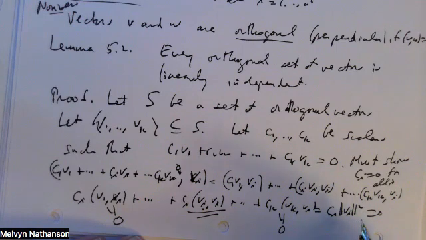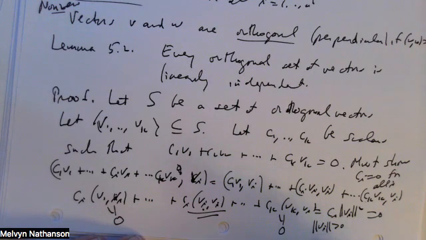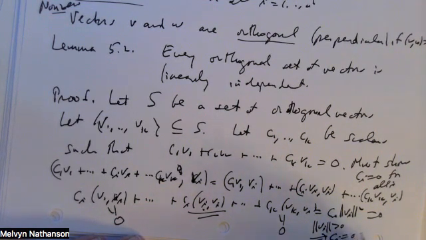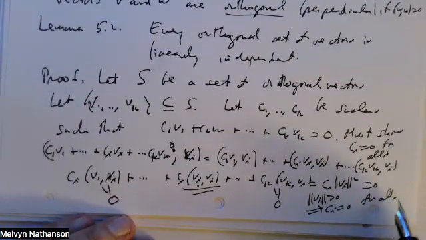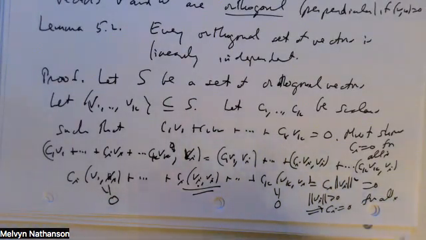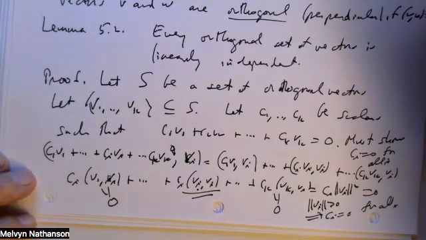But we're told these are non-zero vectors, so the length of vi is positive, it's not zero. So ci has to equal zero for all i, which means these vectors are linearly independent. So orthogonal vectors are automatically a linearly independent set.